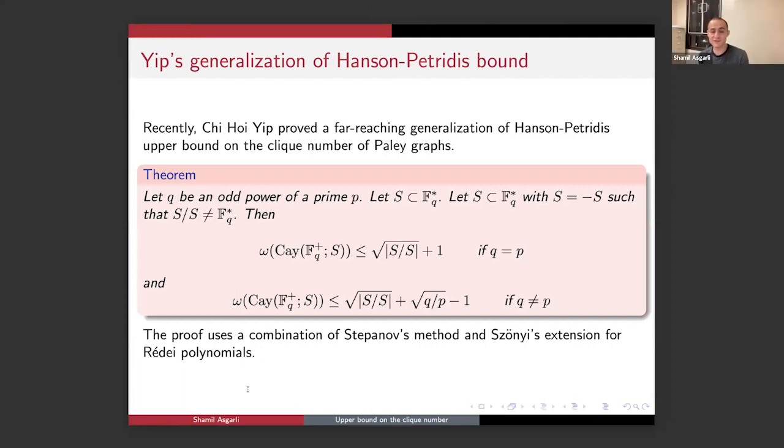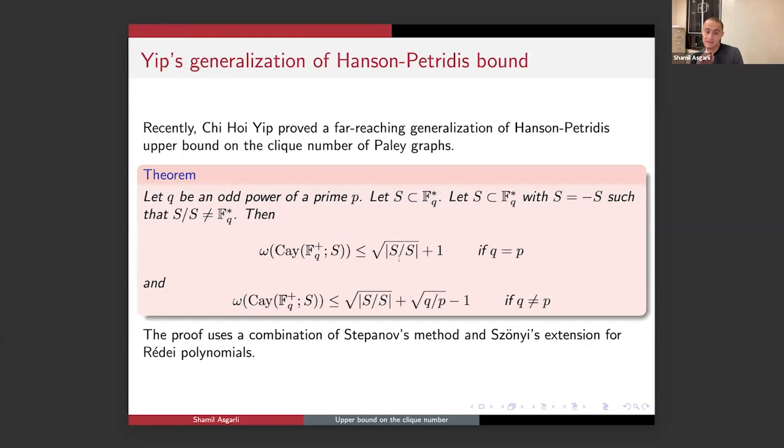Yeah, that's a great question. I have a feeling that there will be progress. I don't know if the original Paley graph will see progress. That seems very hard. But I think for these graphs where S is a particular connection set other than the quadratic residues, there's much to be discovered here.